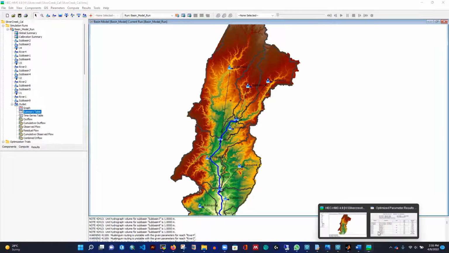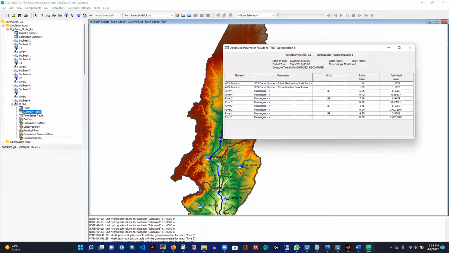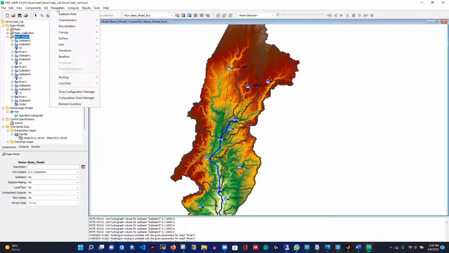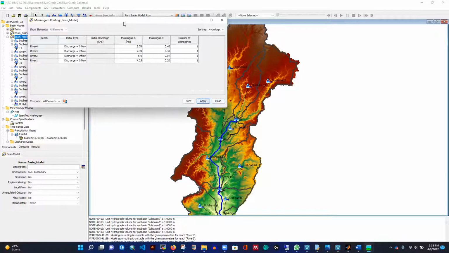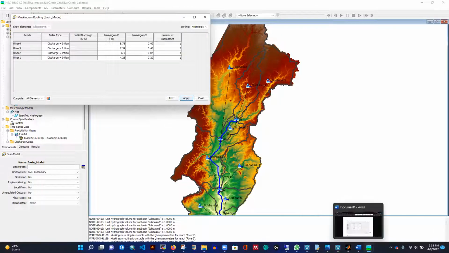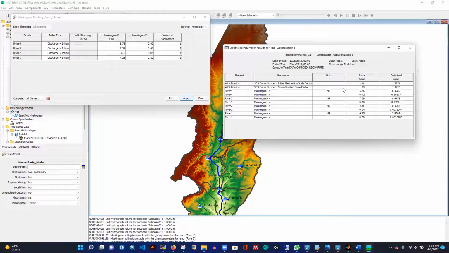Now what we have to do from the optimization, we need to change the routing parameter as well. We didn't change that. So again, I'm going to open the parameter and then routing. We use the Muskingum method, and here we have to select this, and we can even add all this. So for river 4, the value will be this instead of that.